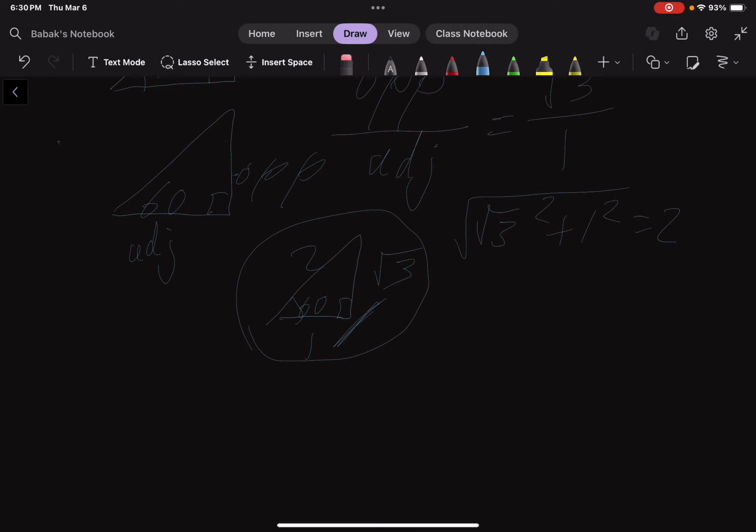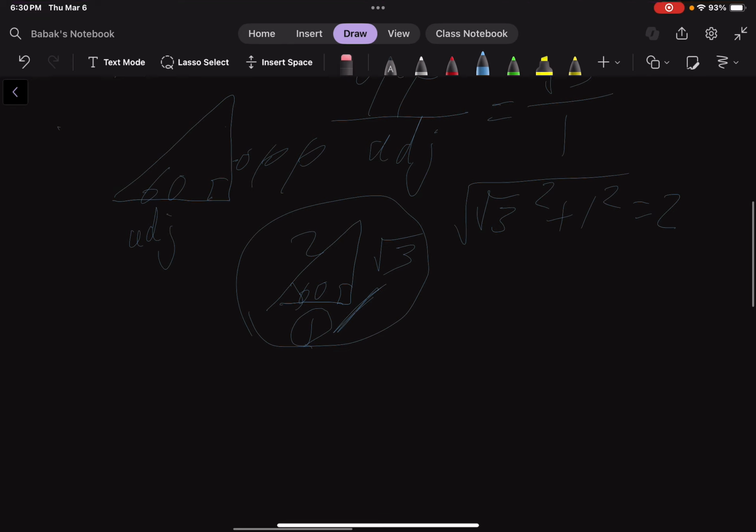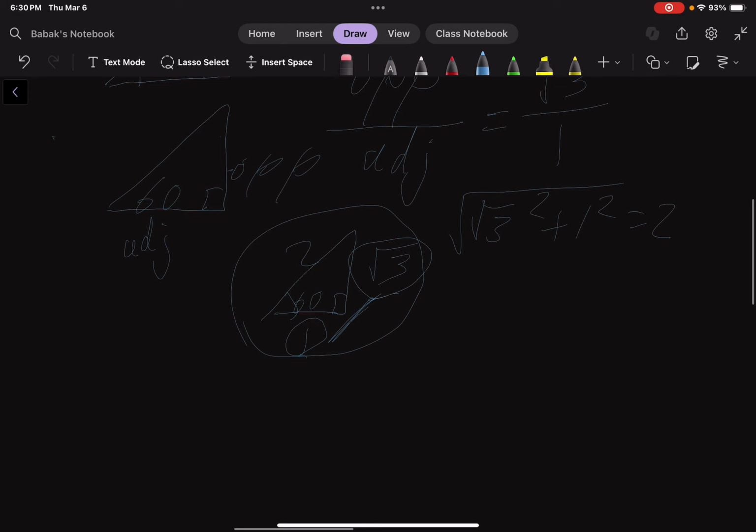But in a special case, wherein we have these exact side lengths, we may consider the adjacent side and the opposite side individually. Now, for this specific ratio, we have a function.